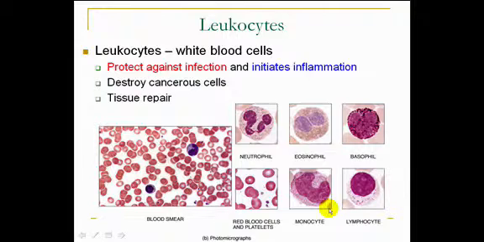White blood cells can also destroy cancer cells because they recognize damaged abnormal cells, and they play a role in repairing damaged tissue. Now if you look at a blood smear, which you probably did in anatomy, you can see all these little red dots are your red blood cells, and you have numerous red blood cells. And then you have very few white blood cells. We talked about that it's 1% of your whole blood is white blood cells, whereas 45% of your whole blood is red blood cells.